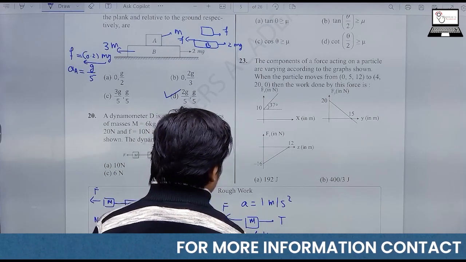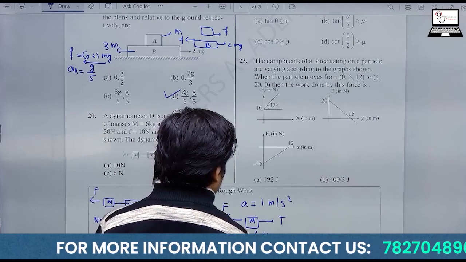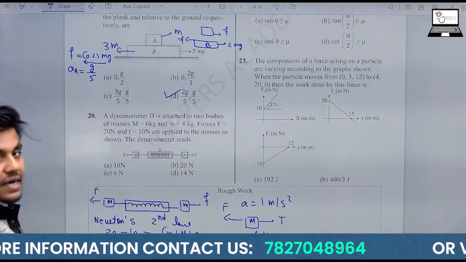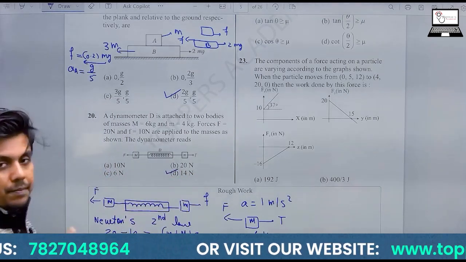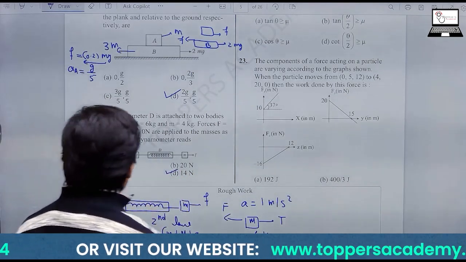F is 20 Newton, so 20 minus 6 is 14 Newton. So 14 Newton is the answer for this.